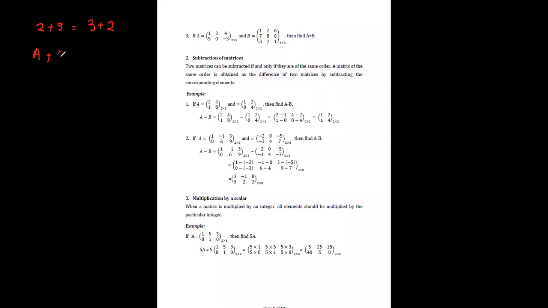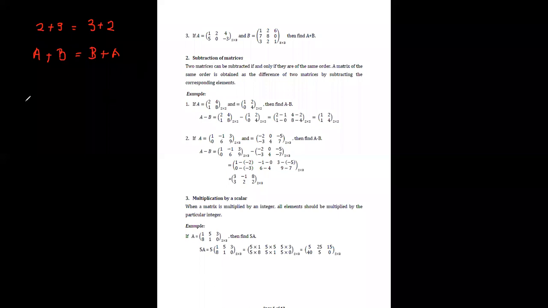If you have matrix A and matrix B, and you perform the addition of these two matrices, this will be equal to the matrix addition of B and A as well. Therefore, A plus B is equal to B plus A. So for matrix addition, we can change the order of the matrices.